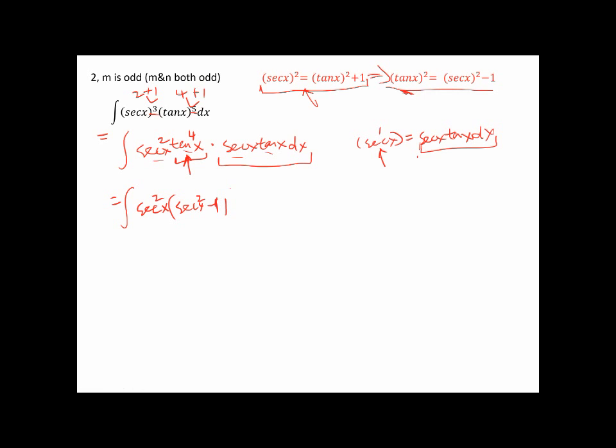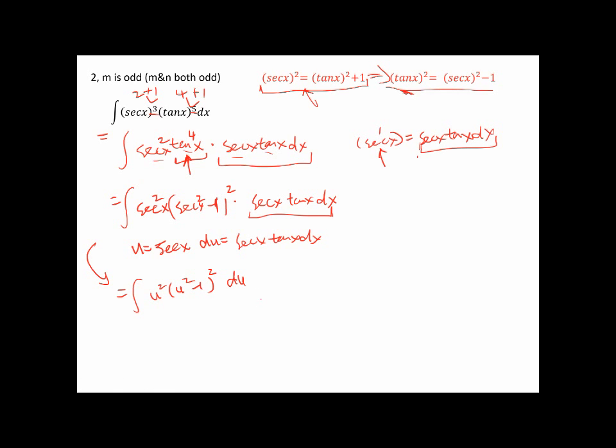Then copy secant x tangent x dx. Here u equals secant x, and du is simply secant x tangent x dx. So I plug in: u squared minus 1, squared, du.